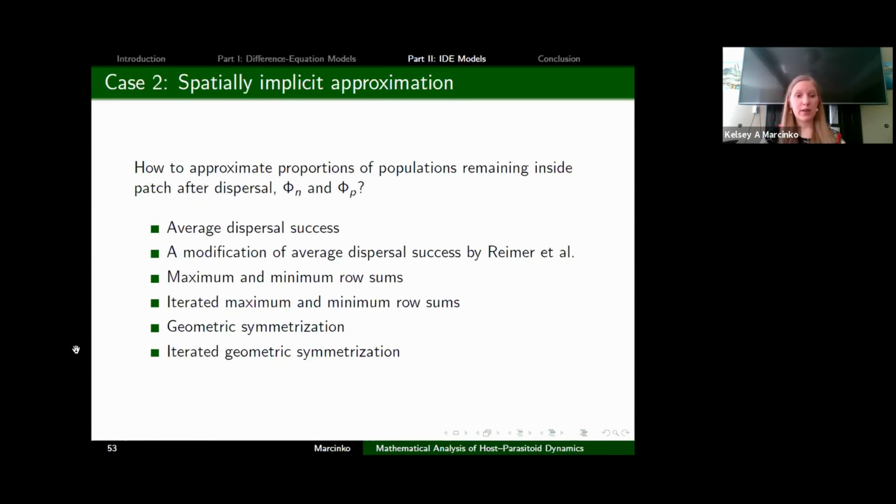And then the final 2 that I'm looking at are geometric symmetrization and iterated geometric symmetrization, which were developed initially and applied ecologically in the context of a single species on a moving habitat. And so looking at, can these tools also have value once we add the biotic interaction, and what does that look like? So looking at those 6 different methods.